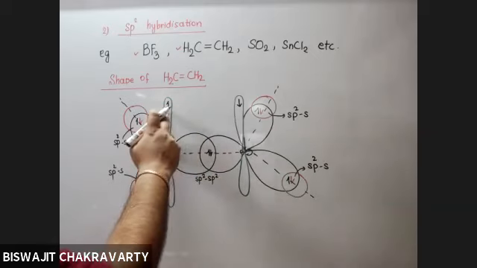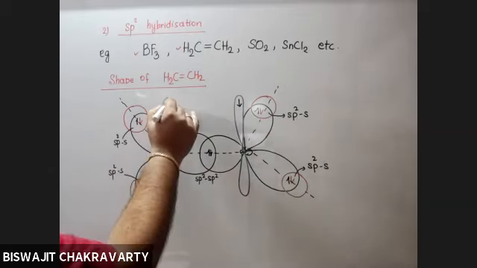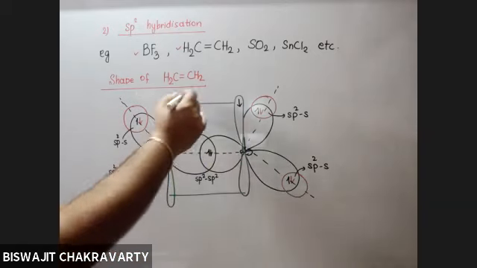Now finally look at the pure p orbitals that did not take part in hybridization. They are parallel to each other, and we have learned in a previous class, when 2 p orbitals, both of which have an unpaired electron, are parallel to each other, what type of bond are they capable of forming? By overlapping above and below, a pi bond, isn't it?